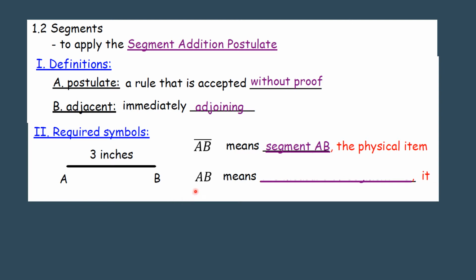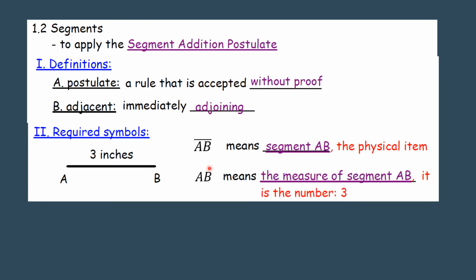It still is going to use the points A and B because we need to know what we're measuring. We're measuring from point A to point B, but you'll notice there's nothing over the top because I'm no longer talking about the thing that I can pick up and throw. I'm talking about the fact that the ruler is a number. So the number, so no symbol over the top, just AB, is a symbol for the measure of segment AB.